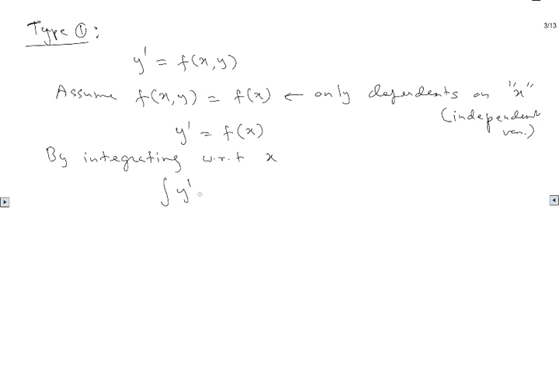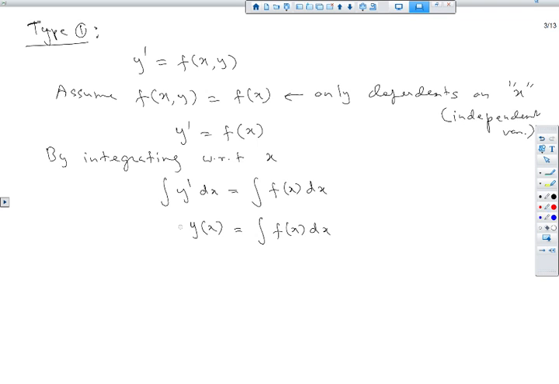On the left, the integral of y prime dx, and on the right, the integral of f(x) dx. But we know that when you integrate the derivative, you get the function back. So you're going to get y(x) on this side, and on the other side the integral of f(x) dx. You don't want to add plus c here because plus c is already included in the integral. So that's the solution in this case.